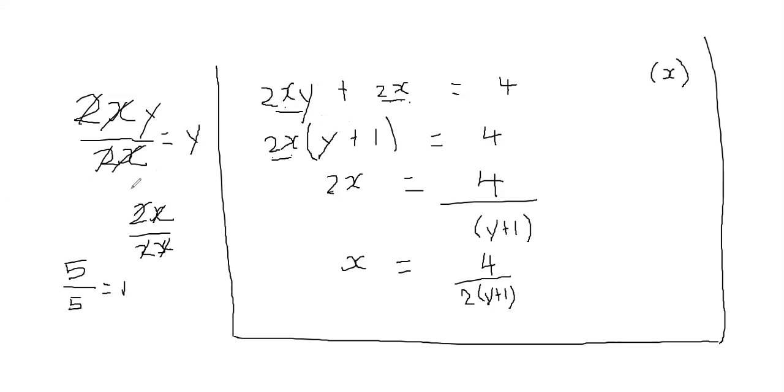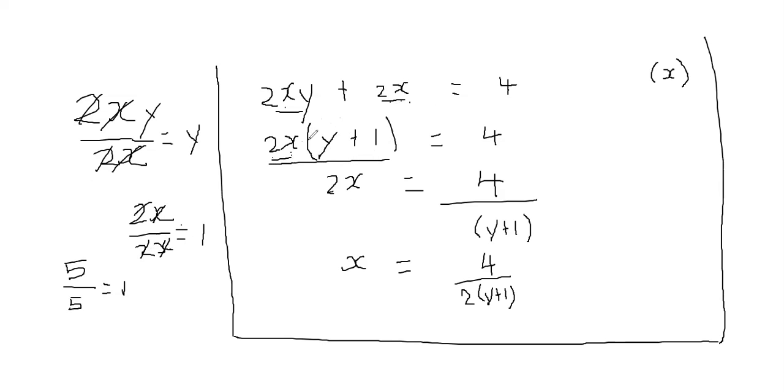We are left with y, so we put the y here. Then 2x into 2x, anything dividing itself will give us 1. So we put 1 here. Now we have 1x here, and this is what we're looking for.